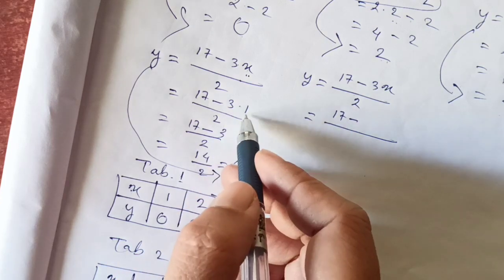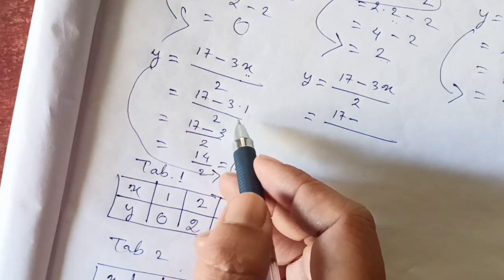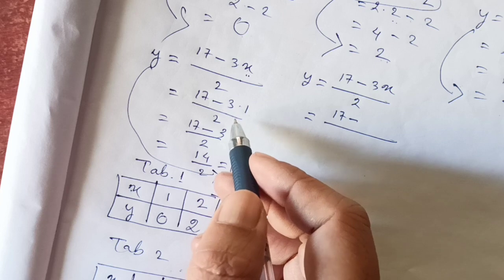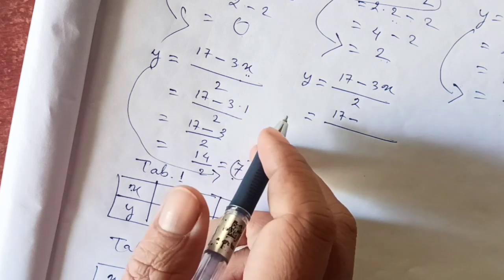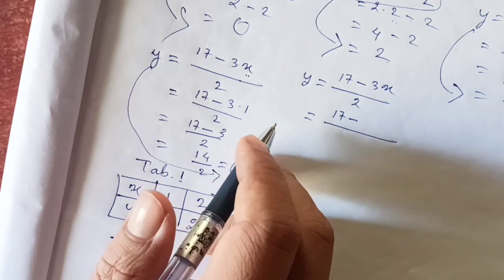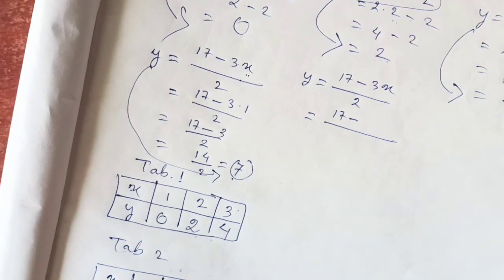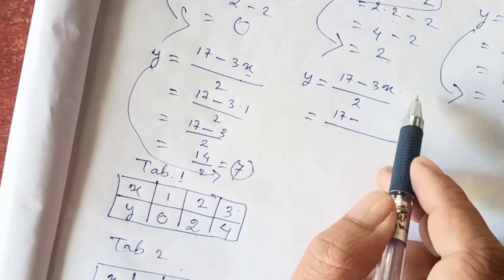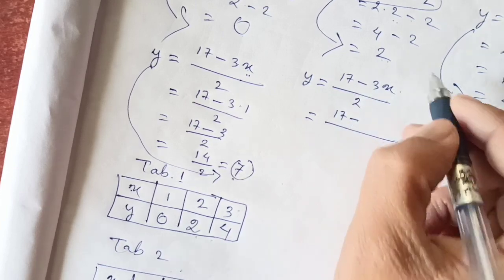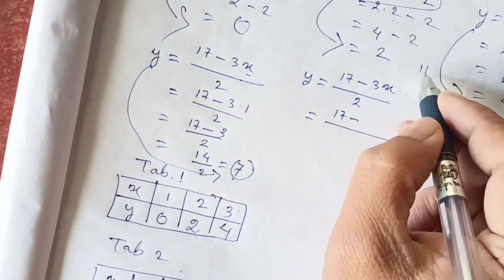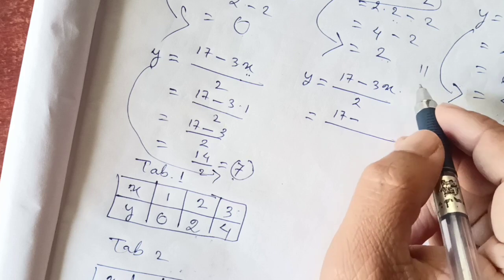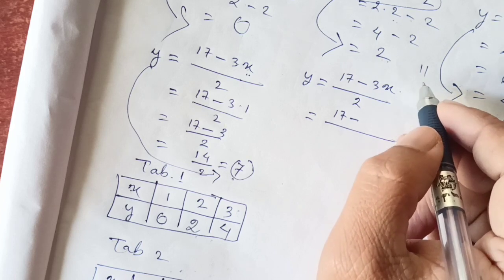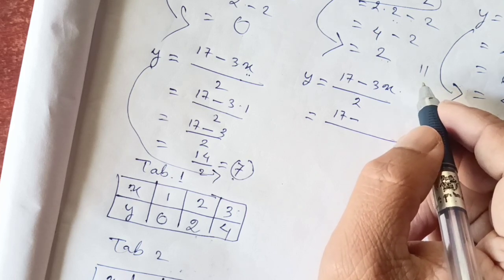I already took 0 and 1, we cannot repeat. So if I use 2, can we use 2? Think properly. Instead of x, if I write 2, that means 3 times 2 is 6. 17 minus 6 is 11. So 11 is an odd number, it cannot be divided by 2, so we cannot use 2.